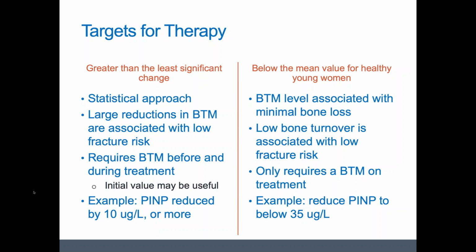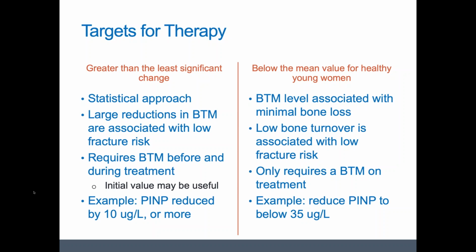It does require a bone turnover marker to be taken before treatment as well as during, but the initial value might be of some use. And the P1NP, for example, might be reduced by 10 micrograms per litre. And I'm giving a number now rather than a percent, because we found that when we've translated this approach into clinical practice, the general practitioners really prefer numbers rather than percentages.